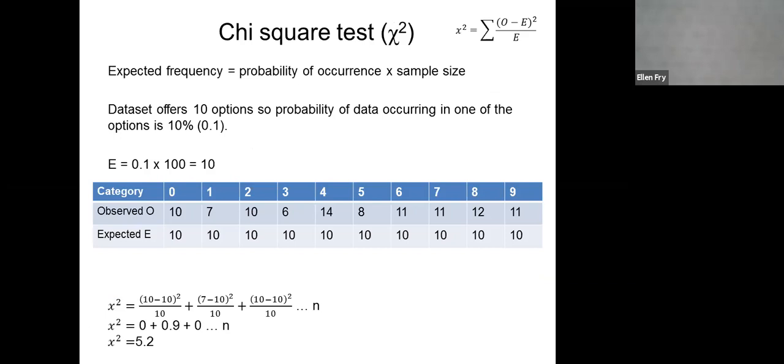The probability of a sample from a data set being in one of 10 categories is 10%. Our data set is n equals 100. 10% is otherwise represented as 0.1. So 0.1 multiplied by 100 is 10.